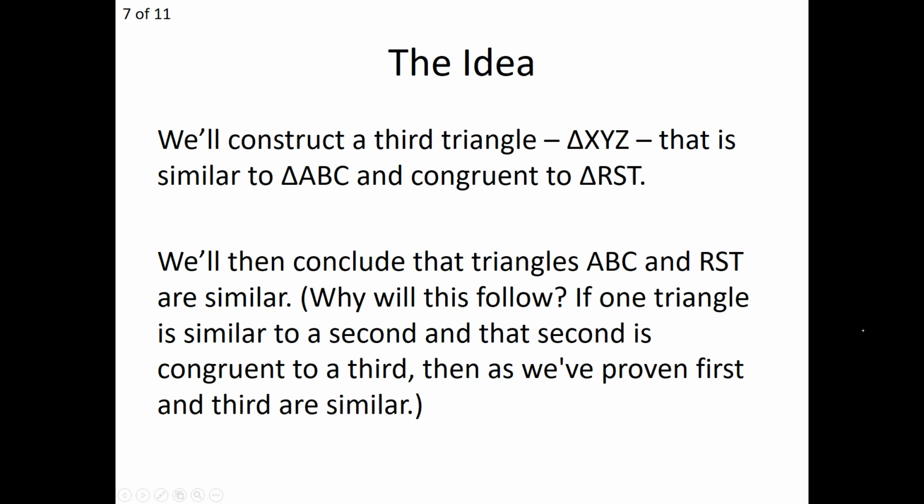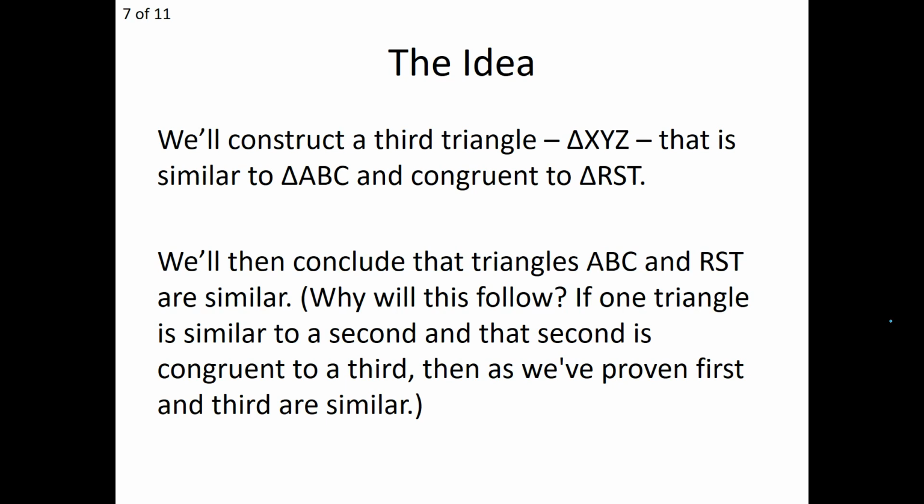The first thing is that this newly constructed triangle will be similar to our first triangle, triangle ABC. And we want this triangle XYZ to also be congruent to our second triangle, triangle RST. So in other words, this third triangle will essentially build a bridge between our two given triangles.